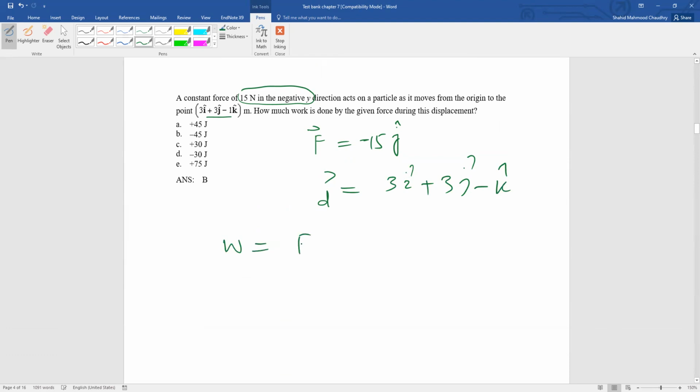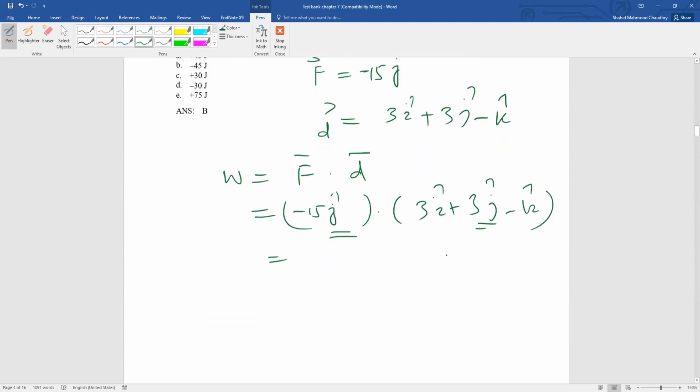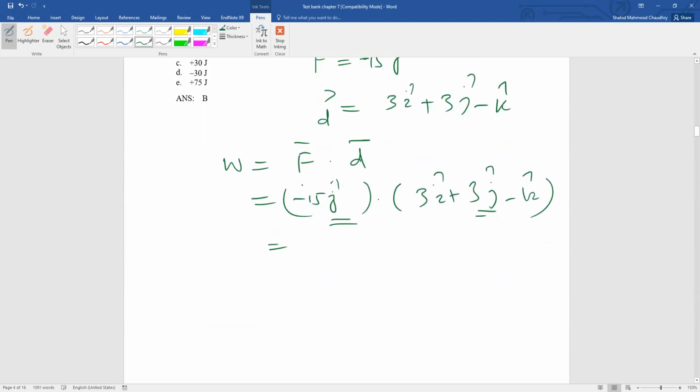Work will be F dot D. So here you can put the values of minus 15j dot 3i plus 3j minus k. Here you will find j dot j, you know that is equal to 1, the others are 0. So we will not solve the others. So minus 15 multiplied by 3 is equal to minus 45. Minus 45 joule. This is the answer.